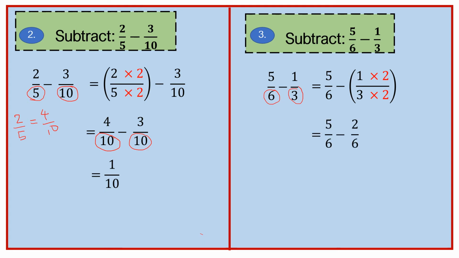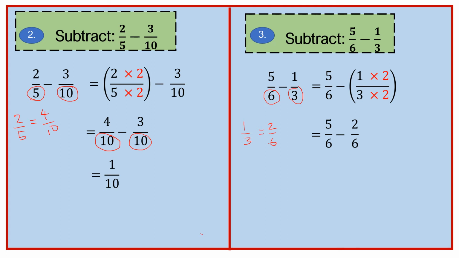In that case, we will get 5 out of 6 minus 2 out of 6. Remember that 1 out of 3 is the same as 2 out of 6. These are just equivalent fractions.